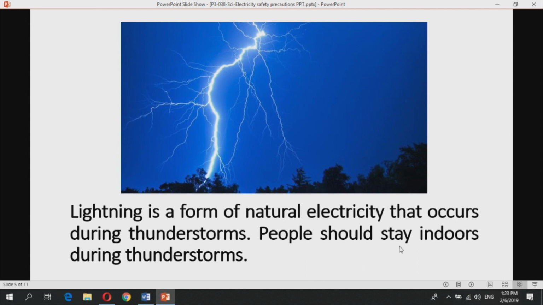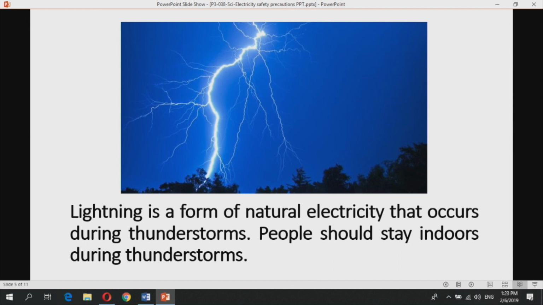People should stay indoors during thunderstorms. Yes, when there's a storm outside and you can hear the thunder and then you see that light flash in the sky, that's what we call lightning.